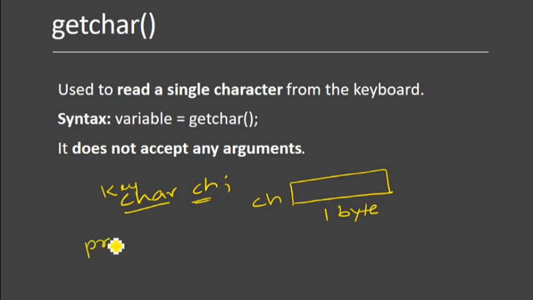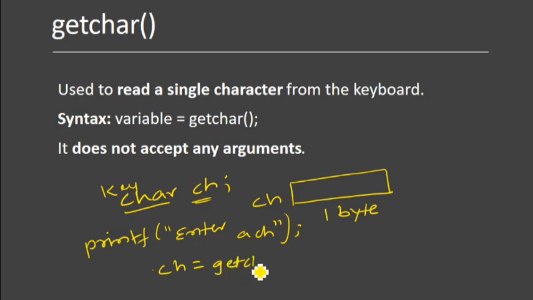After that I am writing printf, enter a character. Immediately I should write ch equal to getchar function. Whenever you see this message on the screen, enter a character, I'm entering a.